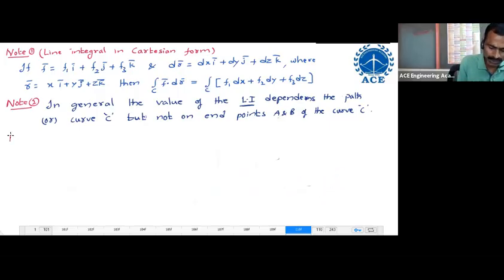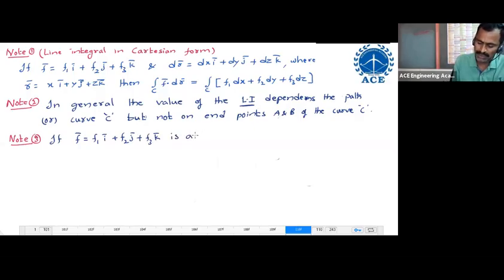Next, note point 3. If f bar equal to f1 i bar plus f2 j bar plus f3 k bar is an irrotational vector.